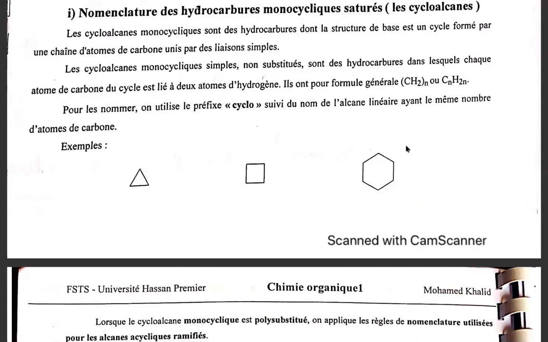So the question was supposed to be, what is the difference between aliphatic hydrocarbons and aromatic hydrocarbons? The difference is basically that the aliphatic ones can be any chain. It can be this same cyclohexane, with maybe a double bond there, another double bond there, or something else.